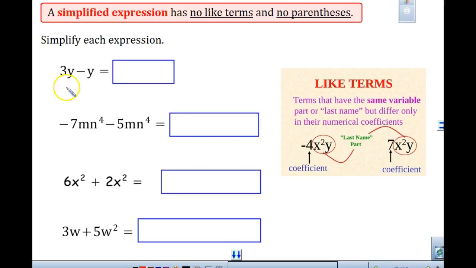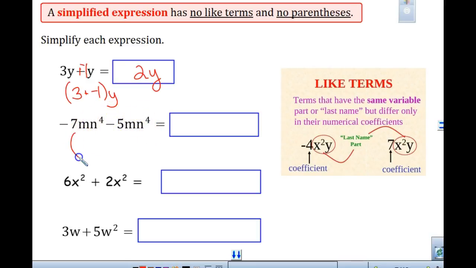Every day. Alright. So, what's the number in front of y? 1. Let's change subtraction to add the opposite, plus a negative, right? So I have 3 plus negative 1, keeping the y, right? Like terms. My answer will be 2y. Are these the same? m to the 4th?